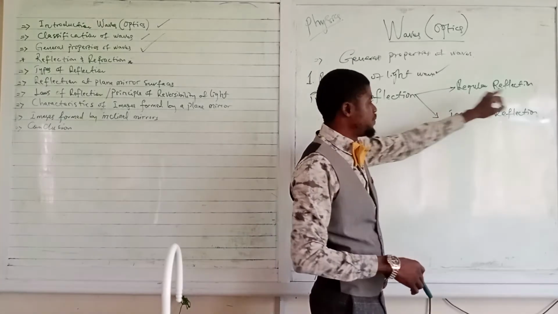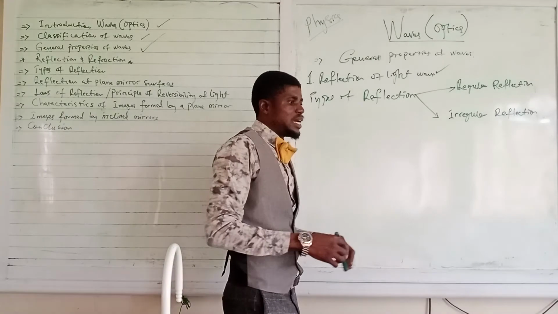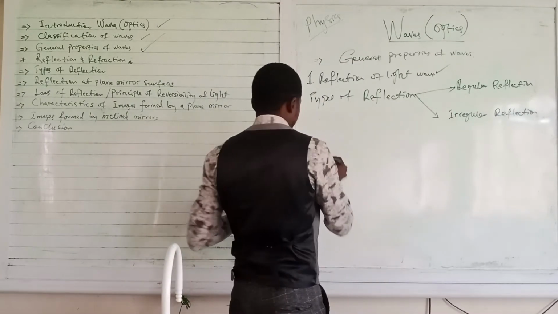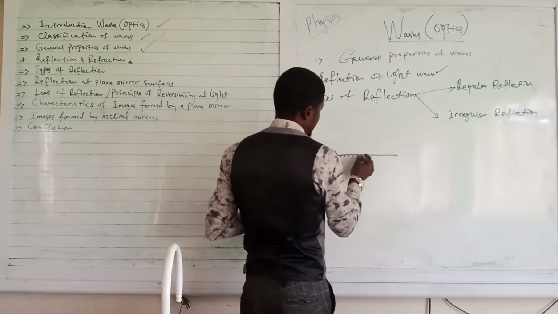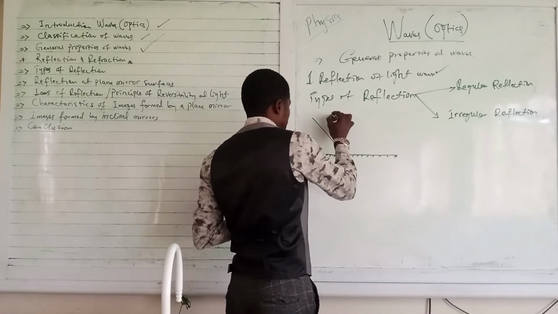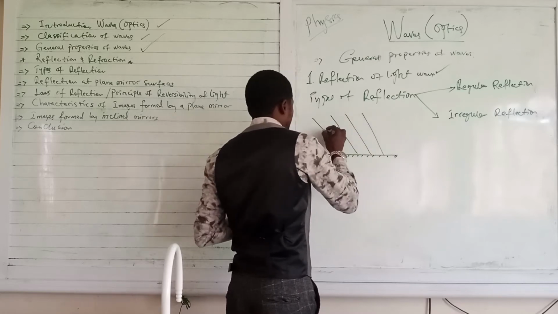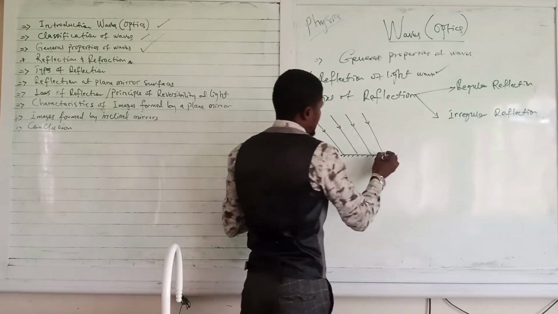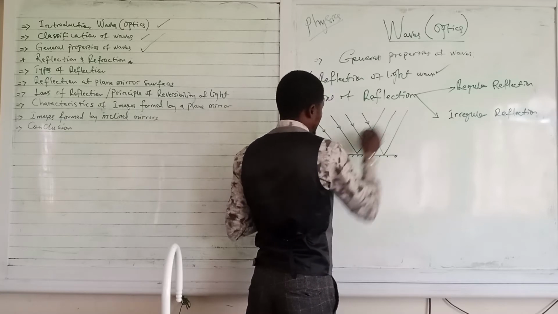What do we mean by regular reflection? Regular reflection is simply the reflection that occurs at smooth surfaces. Under regular reflection, you have a diagram like this. You may have a plane mirror like this. And then the incident rays will hit this way, and then they will reflect uniformly in one particular direction.